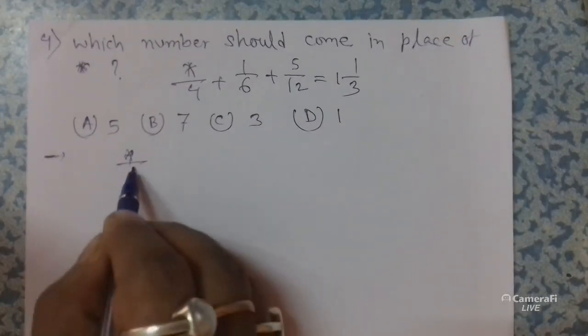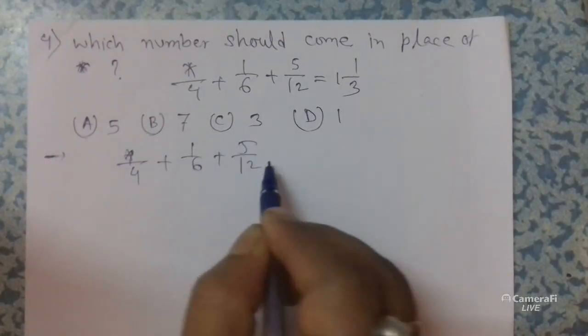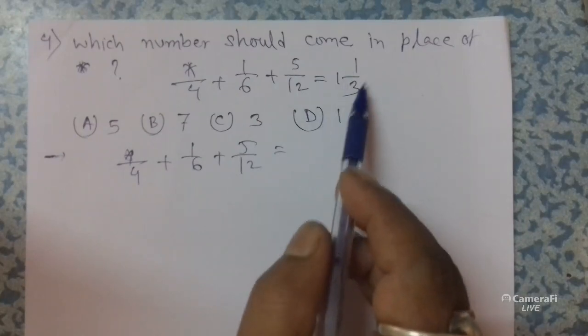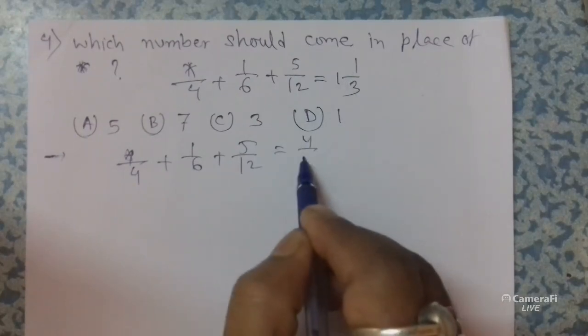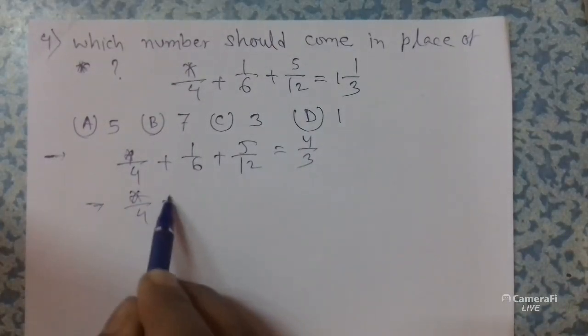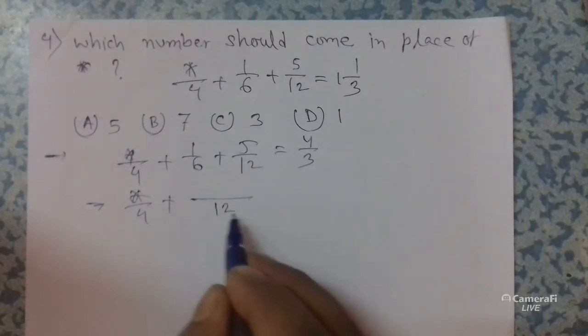So star by 4 plus 1 by 6 plus 5 by 12 is equal to, if we convert this mixed fraction into an improper fraction, it will be 4 by 3. Now calculate it. Find the LCM of 1 by 6 and 5 by 12.